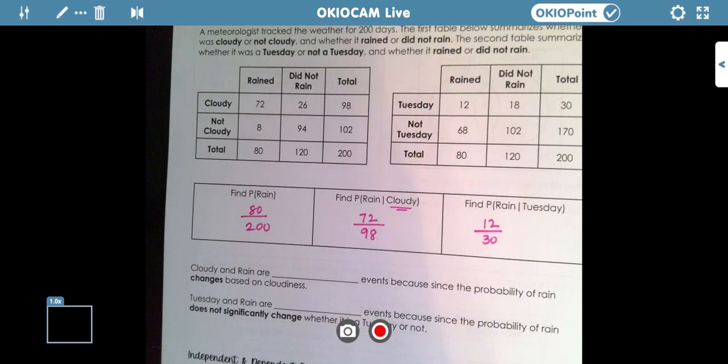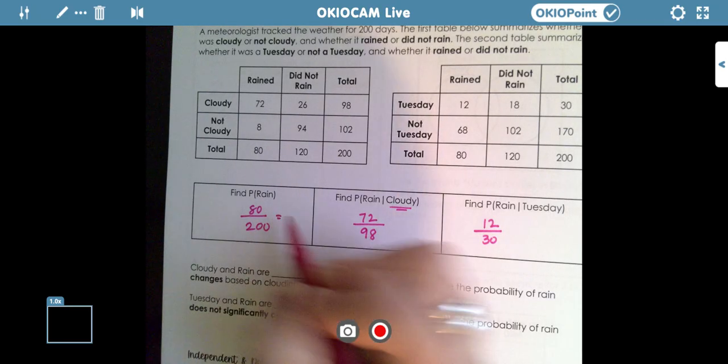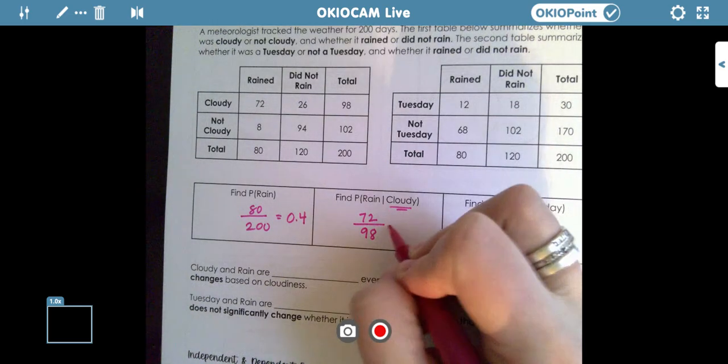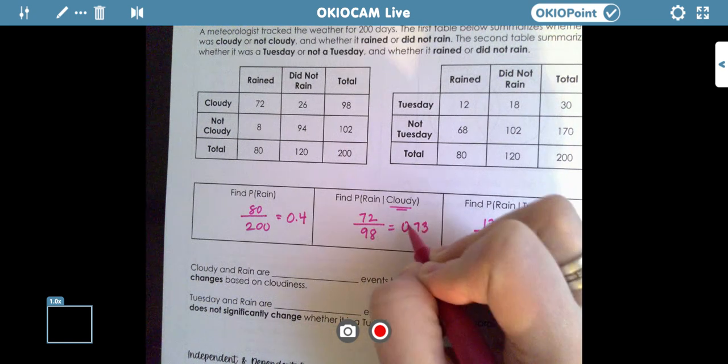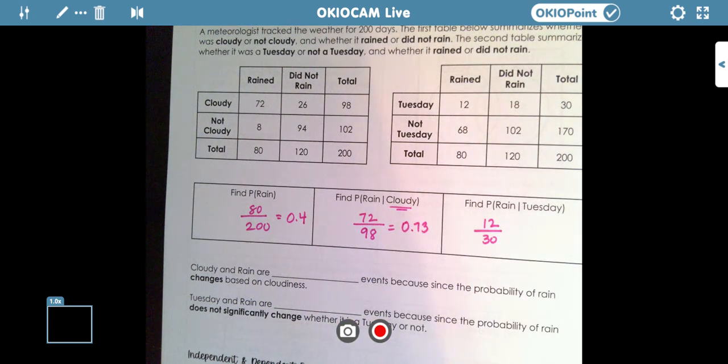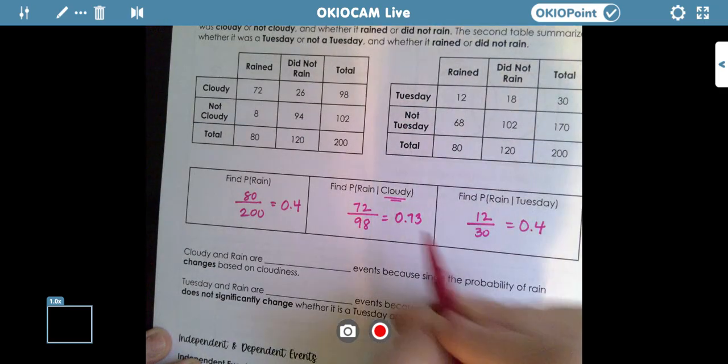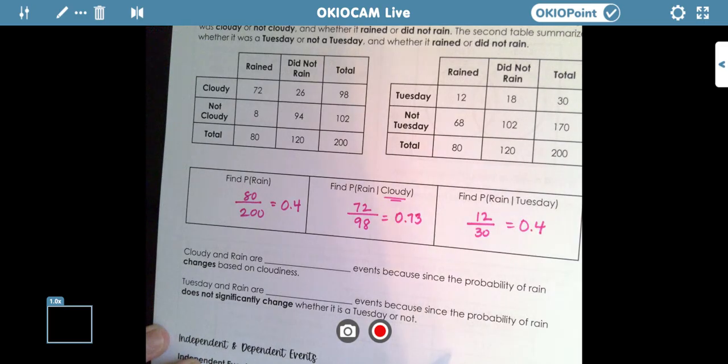It's really hard to compare fractions when they don't have common denominators, so it's important to turn them into decimals so we can compare them better. We're just determining whether these are equal or not equal. I quickly typed those into my calculator and got them as decimals here.